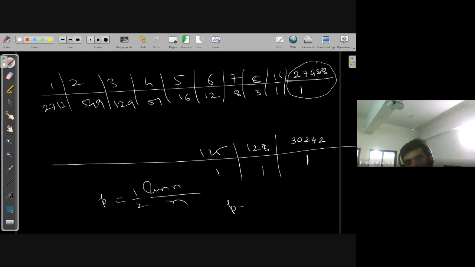When p equals ln n by n, then the graph becomes completely connected. And if I increase the value of p to 1/2, then the graph is not only connected, but sufficiently dense that it has diameter of size 2 minus epsilon, for every epsilon.